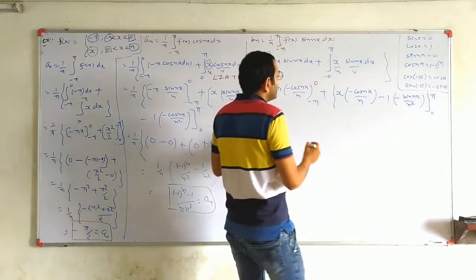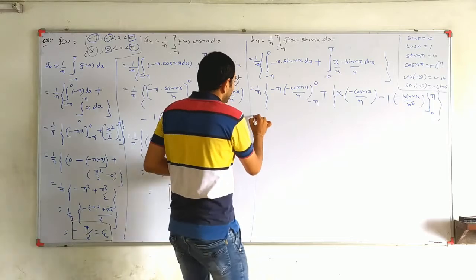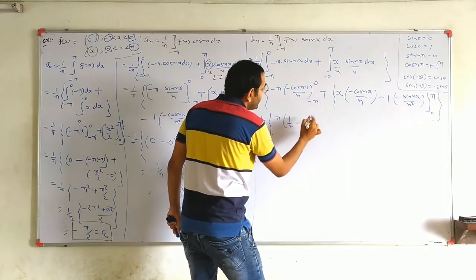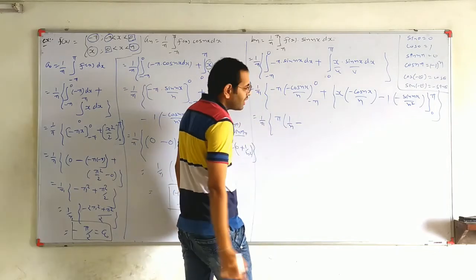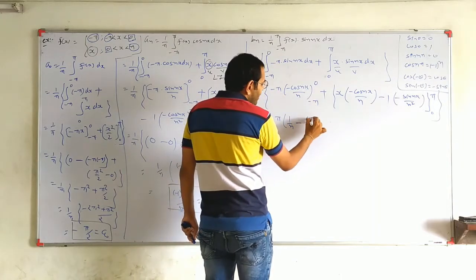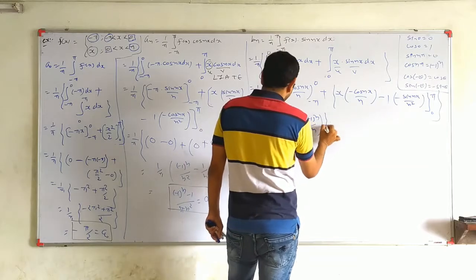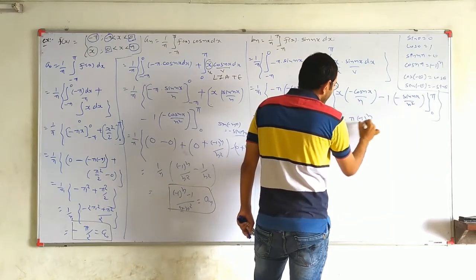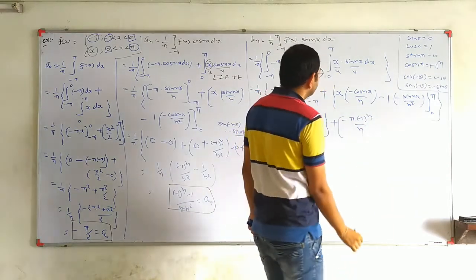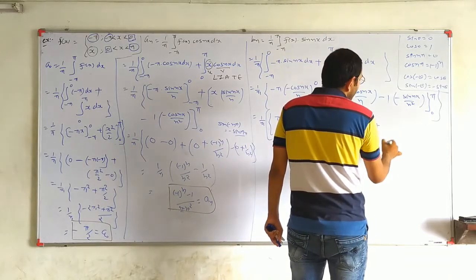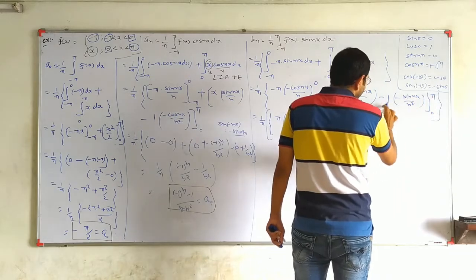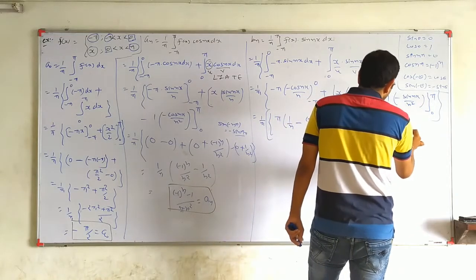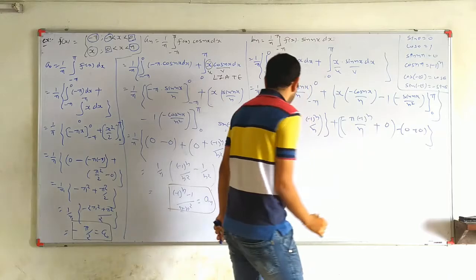Upper limit minus lower limit: minus minus plus, pi cos n pi, minus 1 raised to n upon n, minus of lower limit, cos of minus theta is cos theta, plus minus pi cos n pi, minus 1 raised to n upon n, minus minus plus sin n pi is 0, 0 into anything is 0, lower limit minus sin 0 is 0.